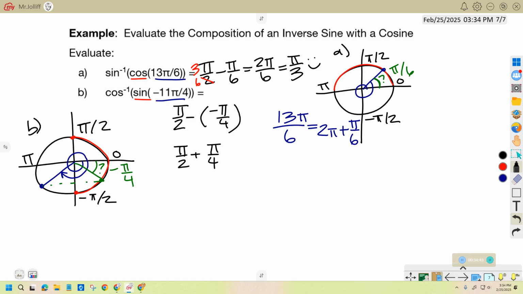I want to add those fractions. I need a common denominator. What do I multiply 2 by to change it to a 4? 2, top and bottom. 2 pi plus a pi gives me how many pi's? 3 pi's. This is 3 pi over 4. Yay.